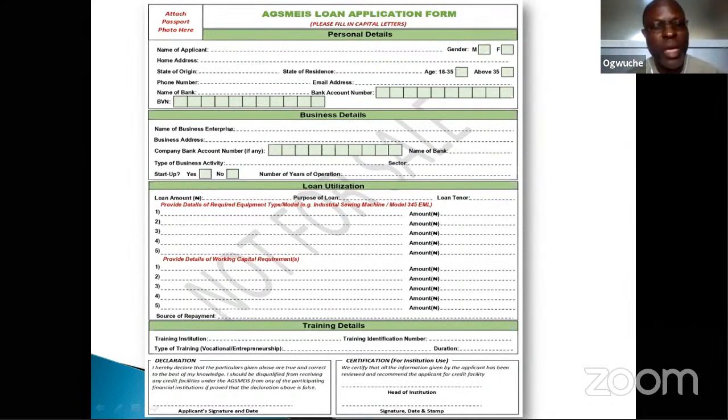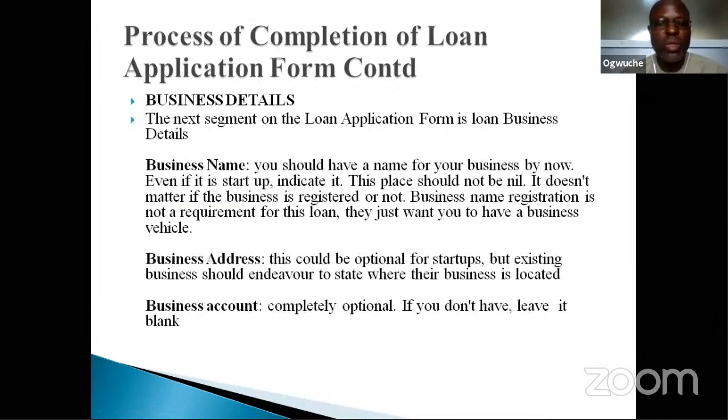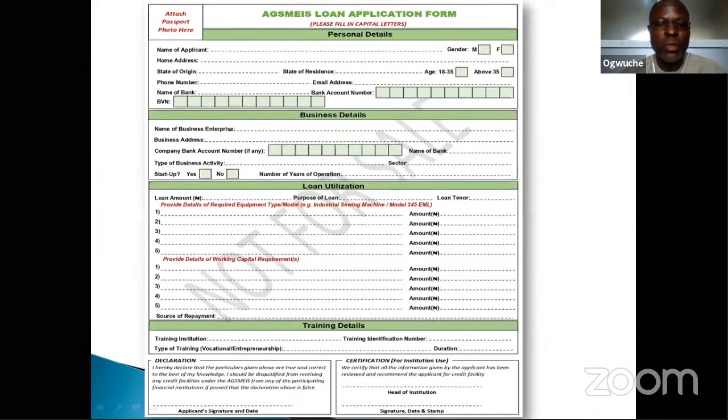Then type of business activity. We've already discussed that earlier, when we looked at the various business activities, the poultry, fishery, and the rest, and then the sector, we also looked at that. So that's what you are expected to give there. Startup, we've already discussed whether it's startup. If it's yes, indicate. If it's no, then you tell us the number of years of the existing operation.